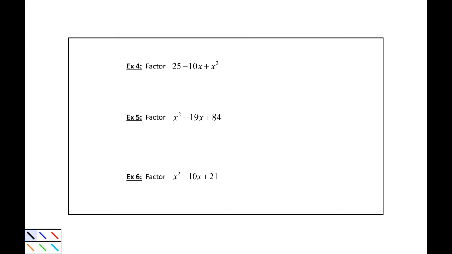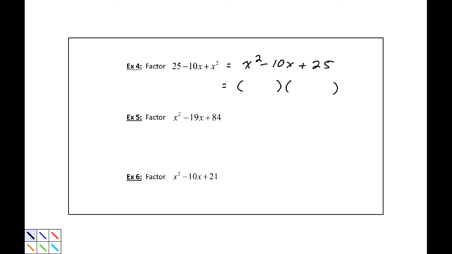Example 4. Factor 25 minus 10x plus x squared. Well, the first thing I'm going to do is rewrite that into standard form, so that is x squared minus 10x plus 25. Now this is going to be the product of two binomial terms.